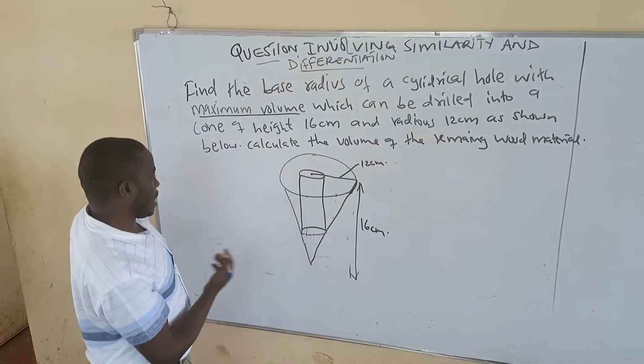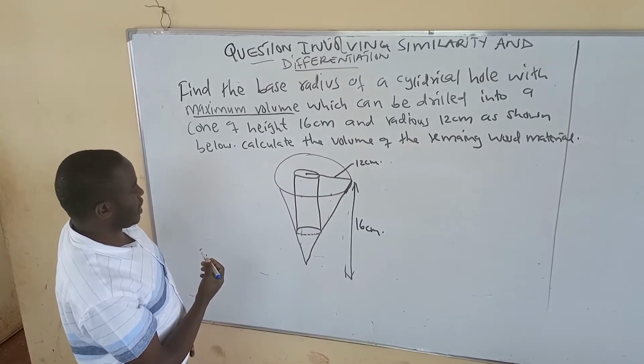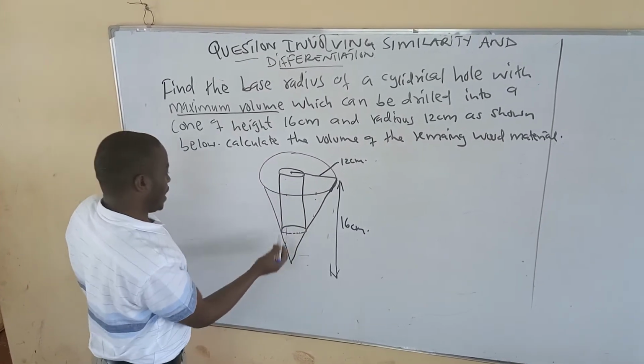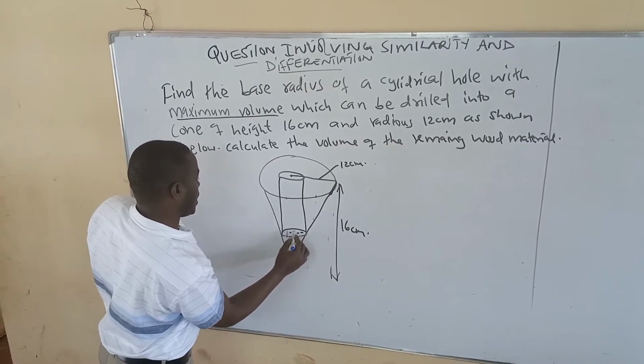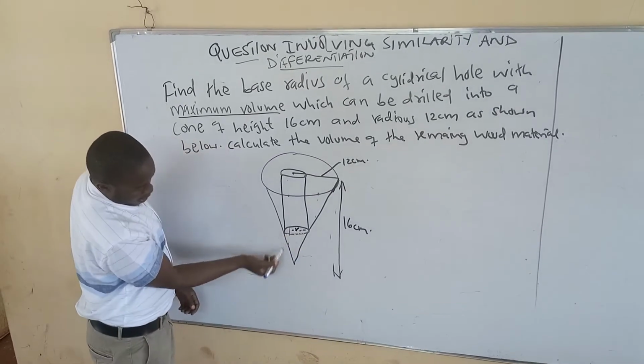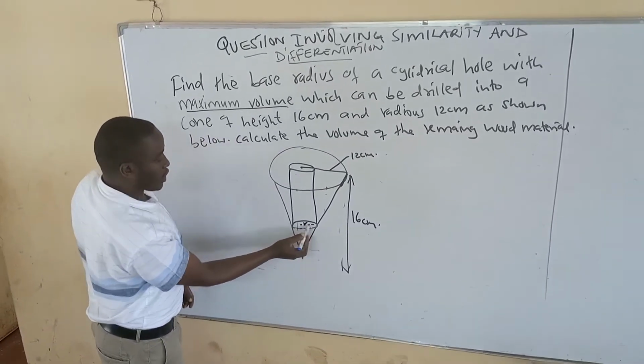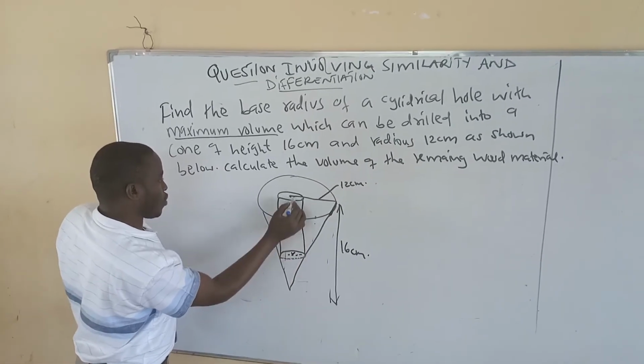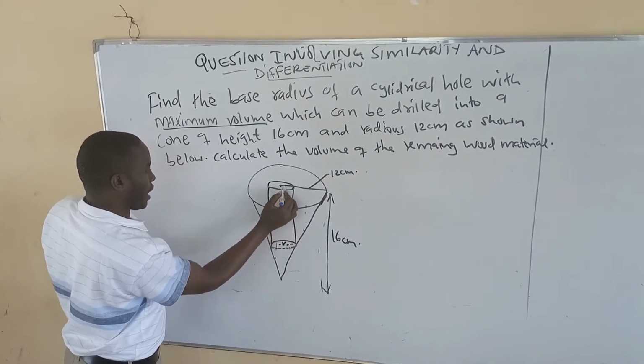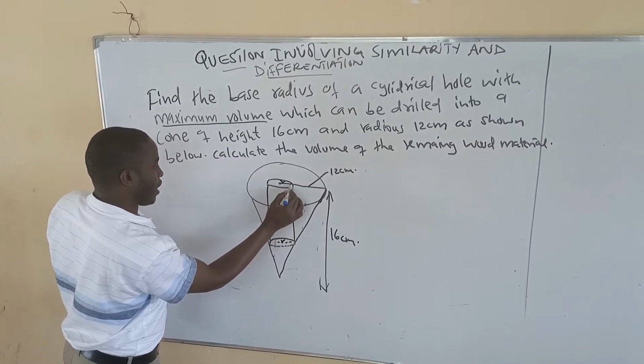We shall use enlargement, that is similarity, to find the radius. Assume the radius of this small cone, which forms here, is R. The cylinder has the same radius r up to this point.